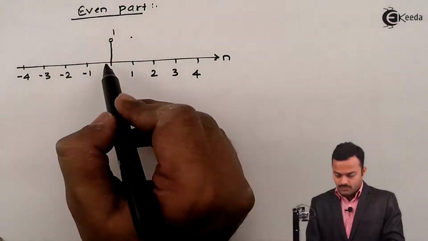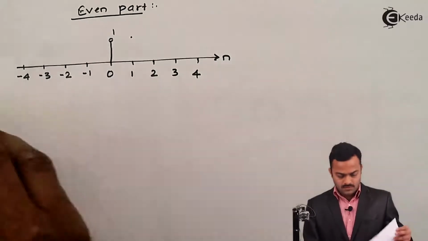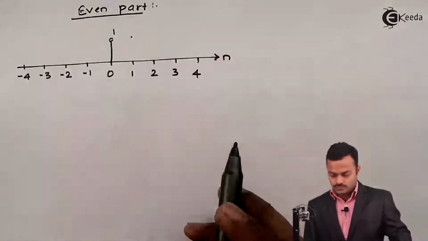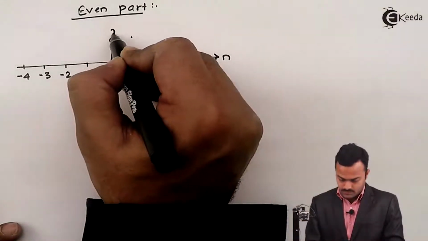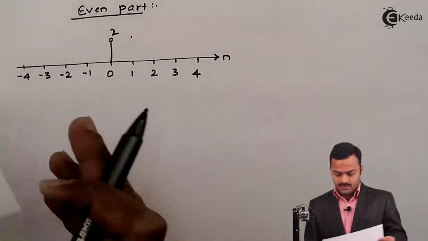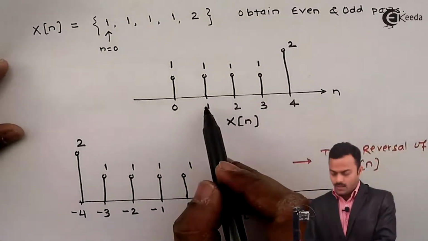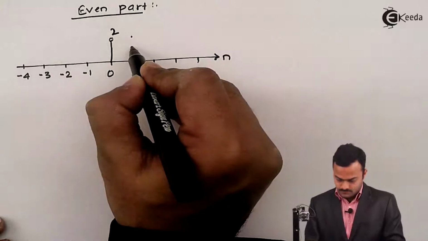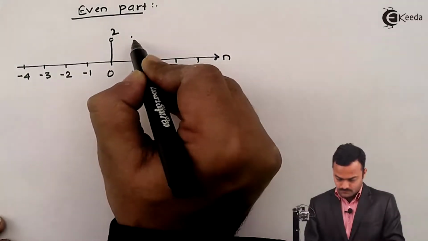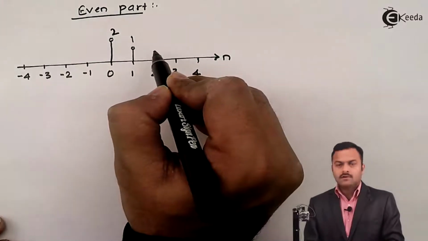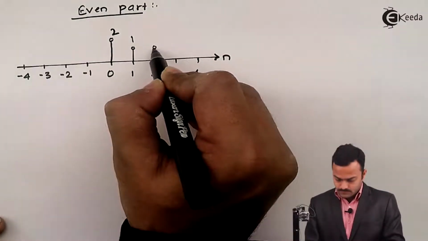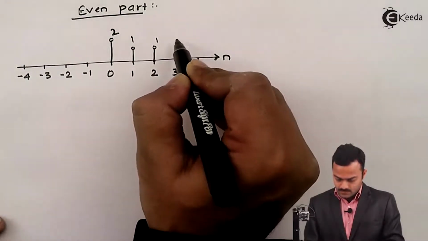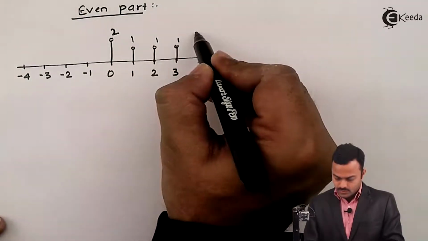For n equal to 0, I have the addition of the signals as 1 plus 1, which is 2. Similarly, for n equal to 1, it is 0 plus 1, which is 1. n equal to 2 also 1. For 3, once again it is 1. And for n equal to 4, it is 2.